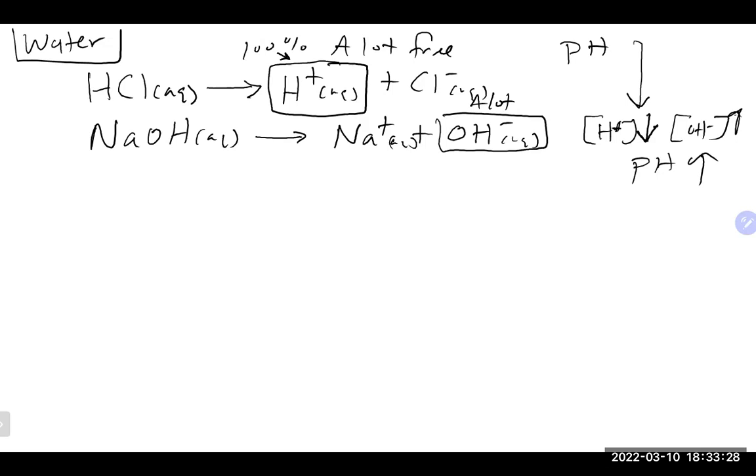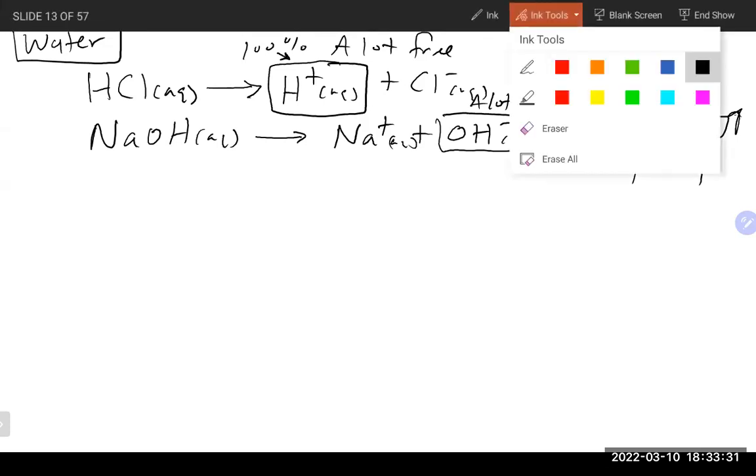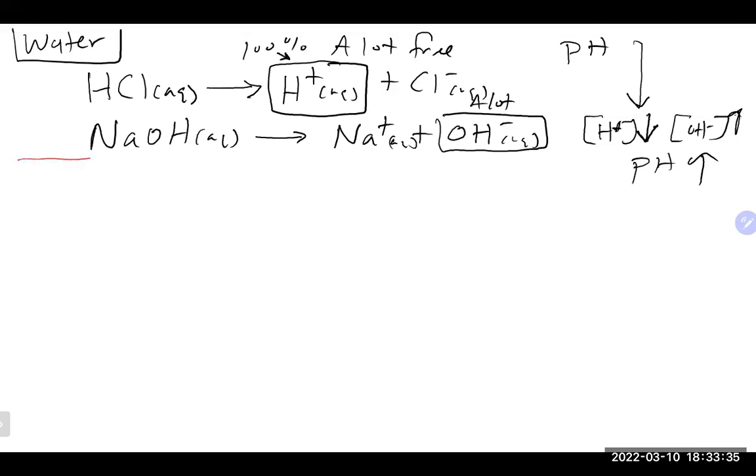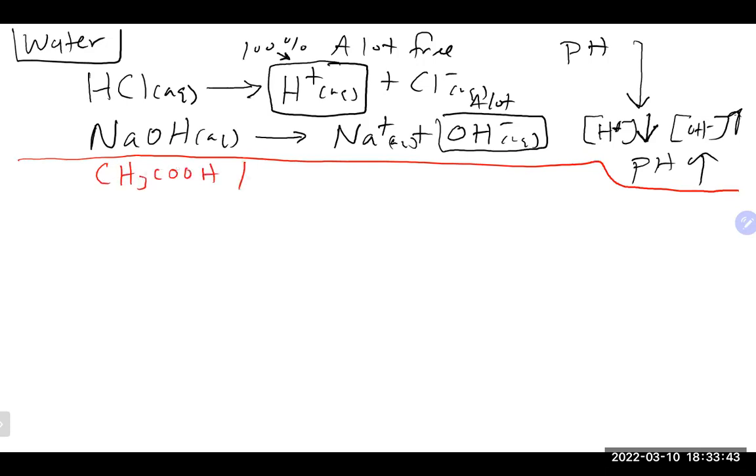So let's see what happens if we take both of these guys and add them to a buffer. Let's just do everybody's favorite buffer when they talk about buffers, which is acetic acid and sodium acetate.